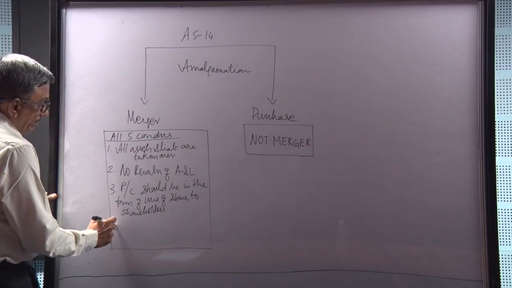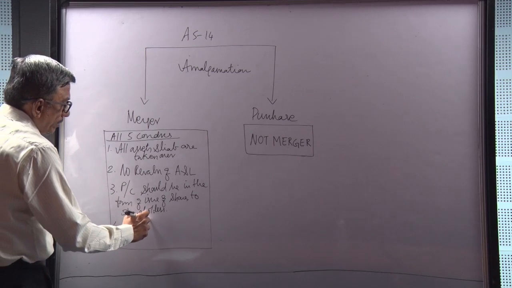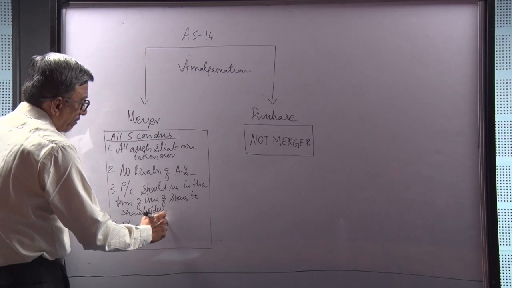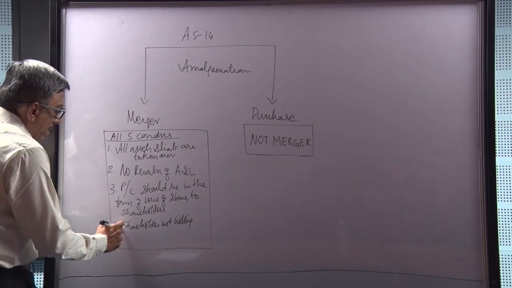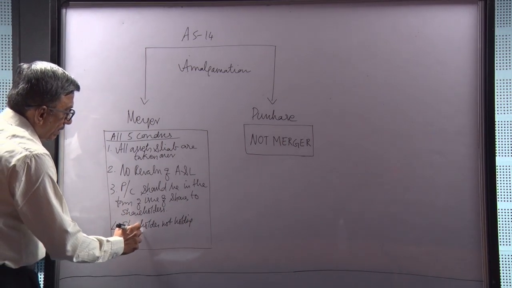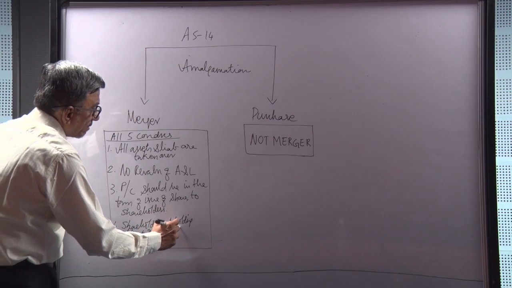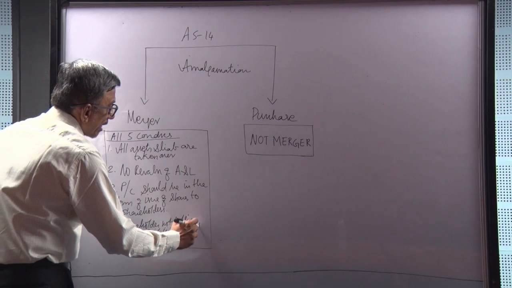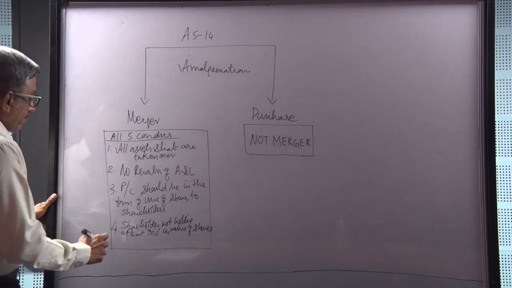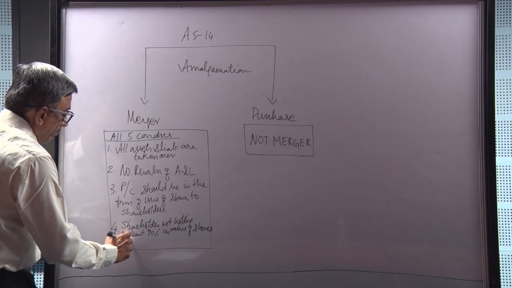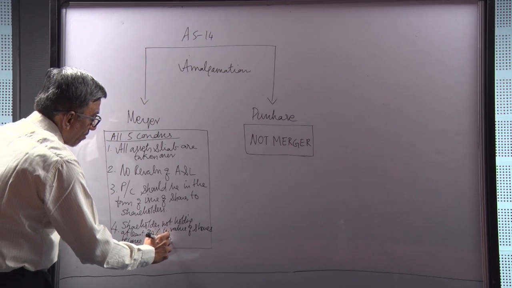Fourth condition, shareholders holding at least 90% in value of shares become shareholders of the purchasing company.